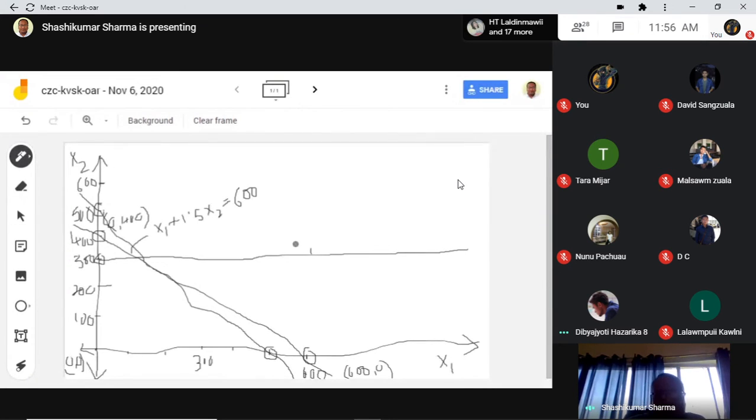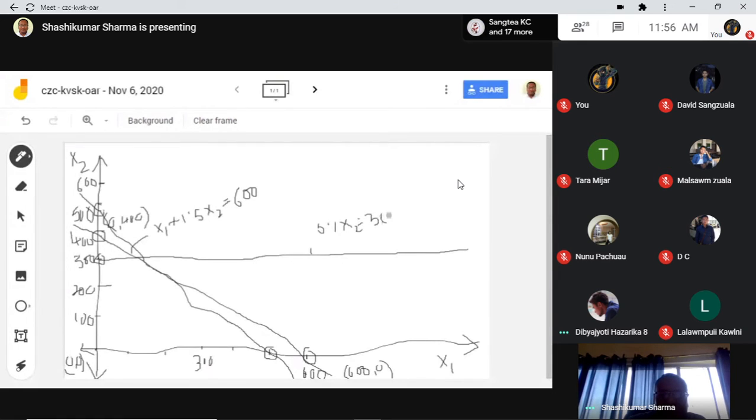The third equation is nothing but 0.1 x2 is equal to how much? 30.